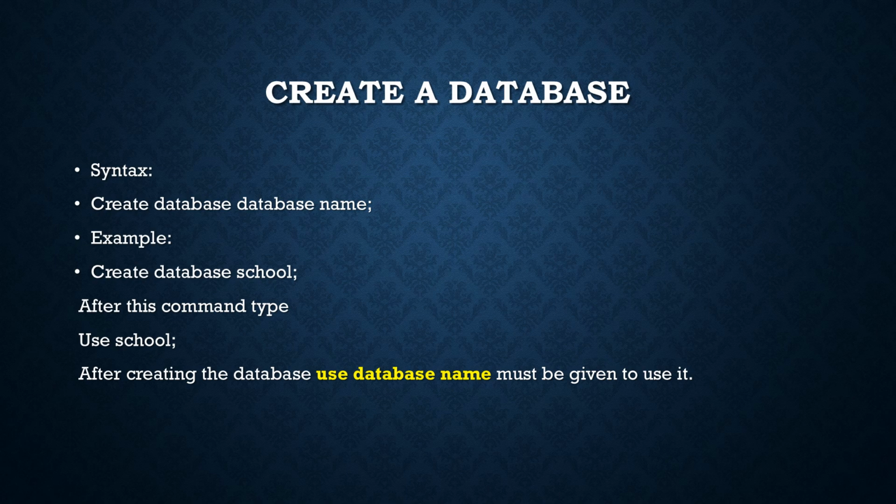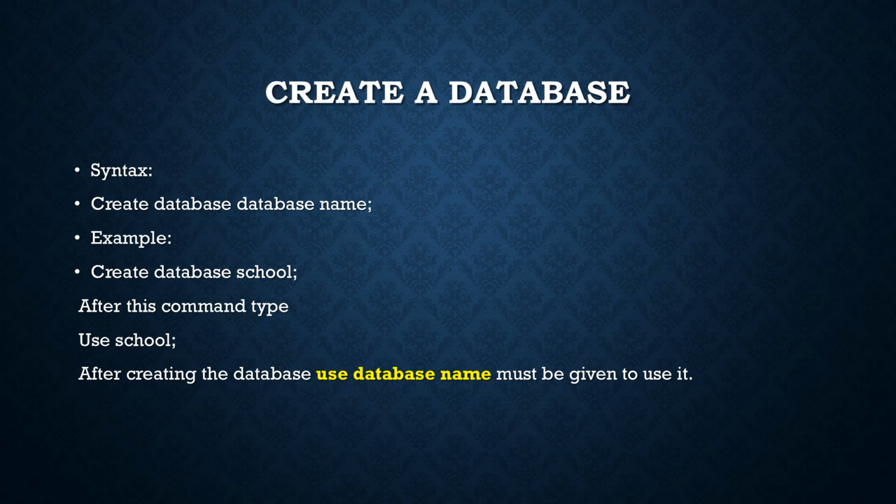For example, create, after that space database space, type any one name, school for example. Finally it ends with a semicolon. Every SQL statement must end with a semicolon. That is compulsory. Create database name. Example, create database school. That's all.